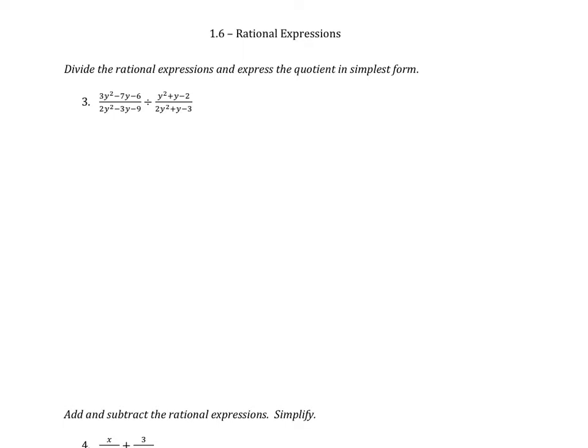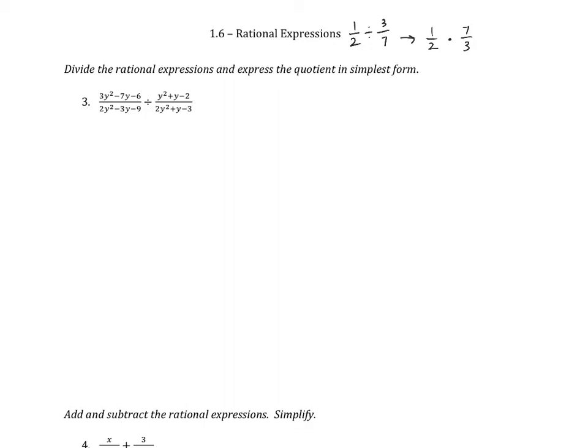Okay, number 3. Dividing fractions. If you remember, when you're dividing fractions, like let's say I have something simple like this, the way you divide fractions is you keep flip change. So you keep the first fraction, you flip the second fraction, and you change to multiplication.